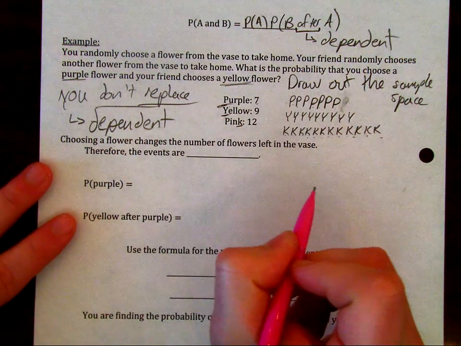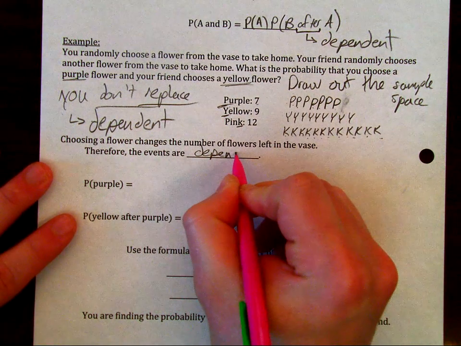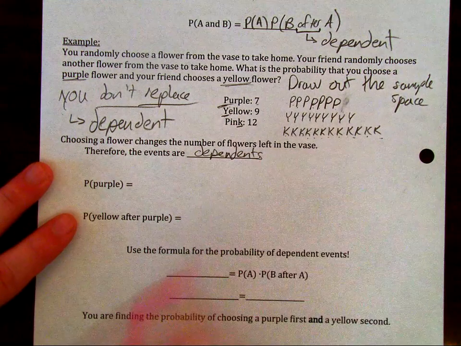Again, you're saying these are dependent events, since it changes the number that you have.